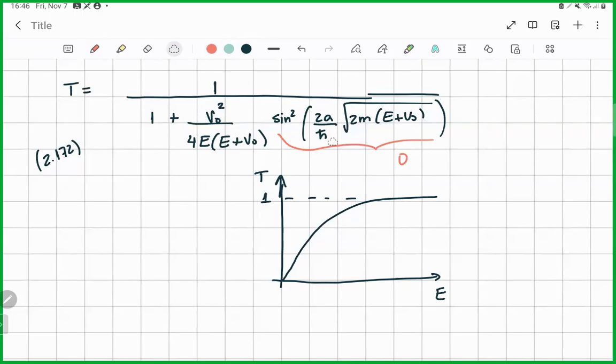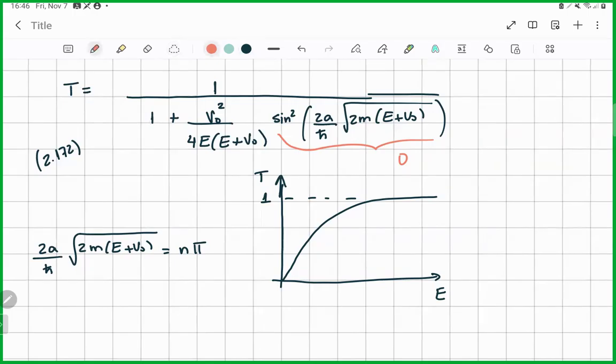So this sine function becomes zero when what we have inside there, 2a over h bar, the square root of 2m (E plus V naught), when all that is equal to n pi, where n is an integer, that thing goes to zero. Well, what is special about that? If the sine disappears, you see that the transmission coefficient goes to 1.